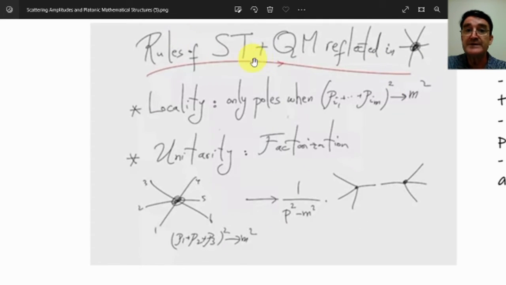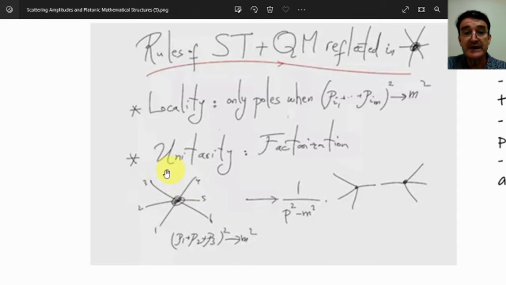So the rules of space-time and quantum mechanics reflected in the scattering process are that locality means that we only get poles when a subset of the momenta go on shell, and quantum mechanics, or unitarity, says that we get this factorization property.